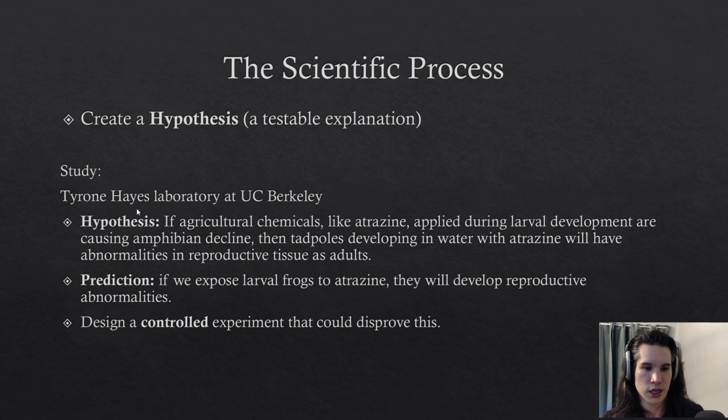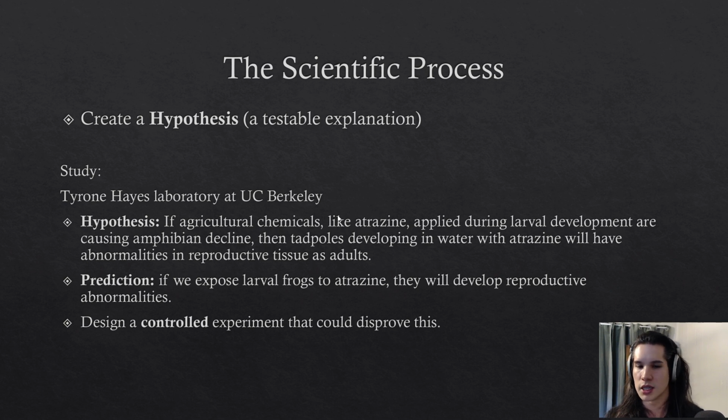The study that Tyrone Hayes did at Berkeley, his hypothesis was: if agricultural chemicals like atrazine, which is an herbicide, applied during larval development are causing amphibian decline, then tadpoles developing in water with atrazine will have abnormalities in reproductive tissue as adults.